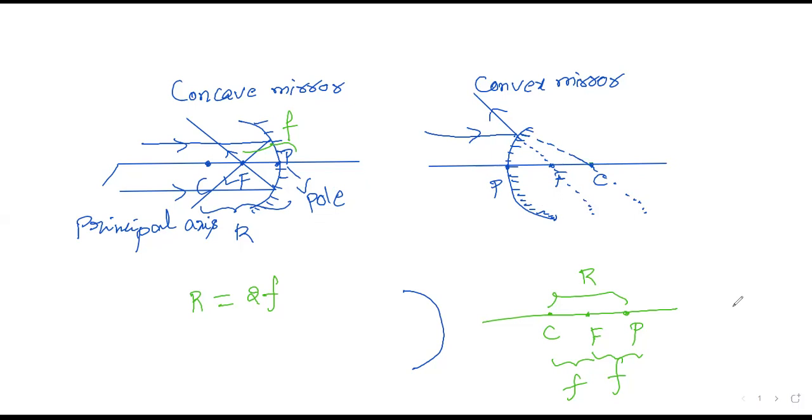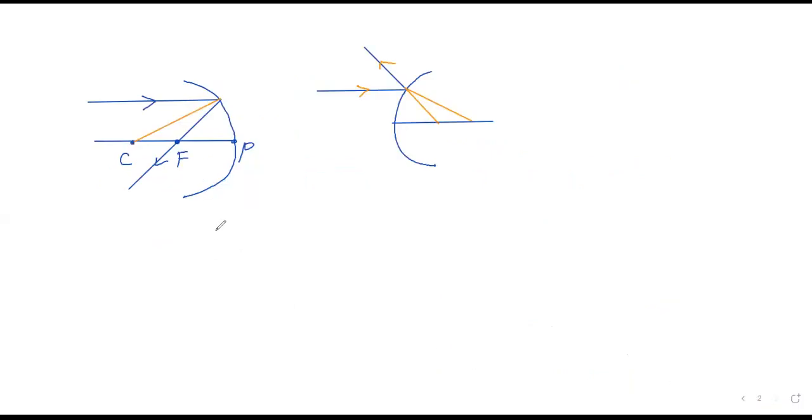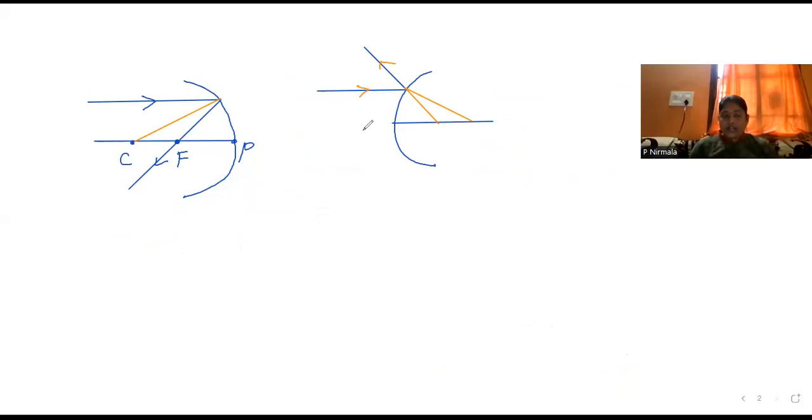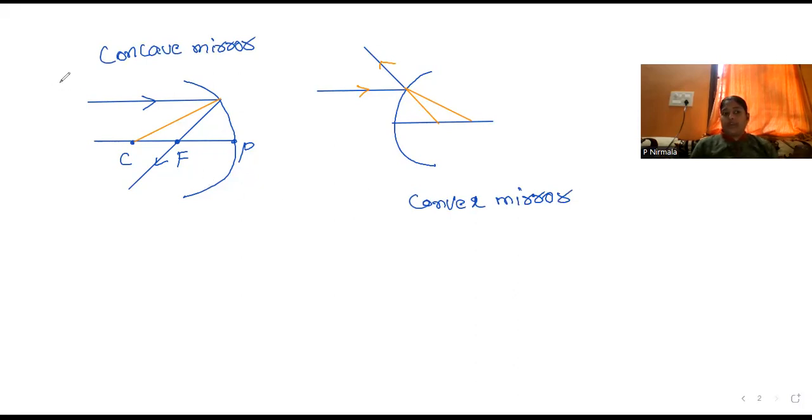Okay, next we move on to the representation of images formed by spherical mirrors using ray diagrams. I have taken a ray diagram here. Look at this: a concave mirror and a convex mirror. This is the first case.